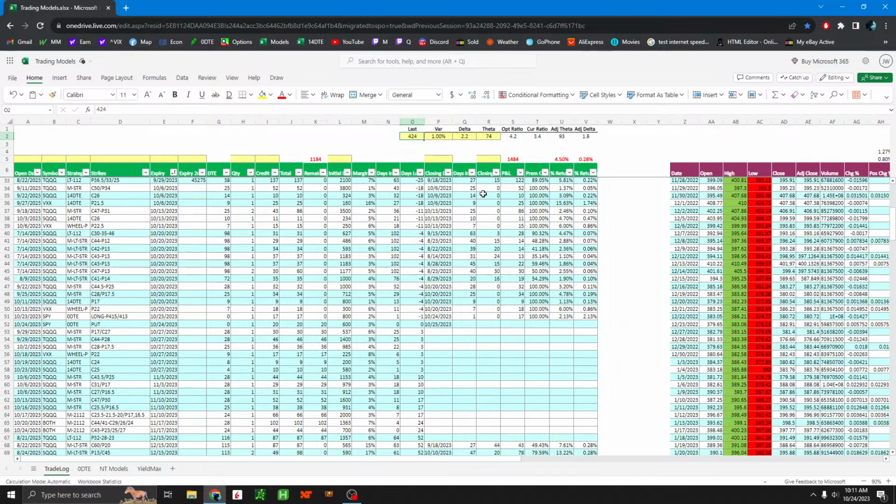The other thing I want to try out that's a little bit different is I want to try to manage the portfolio based upon the theta delta ratios. So here the variance I'm putting in is 1%.